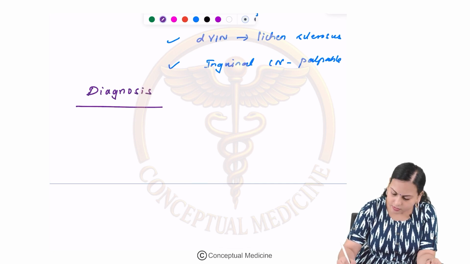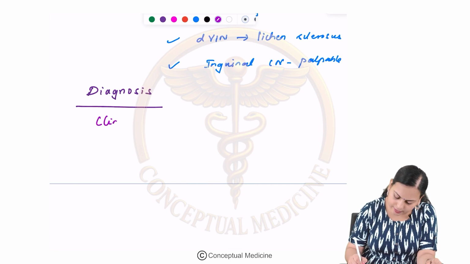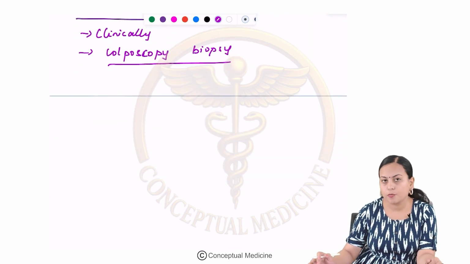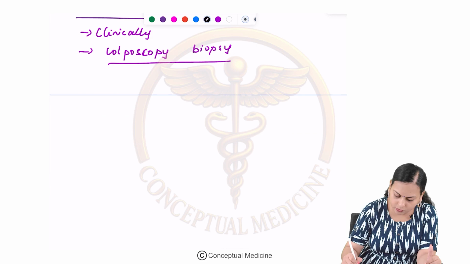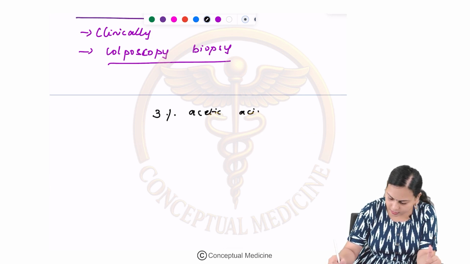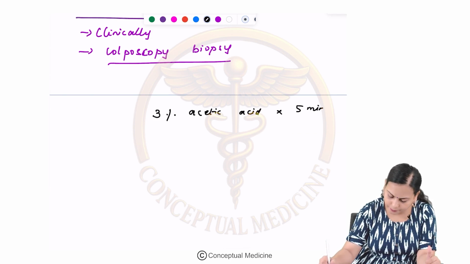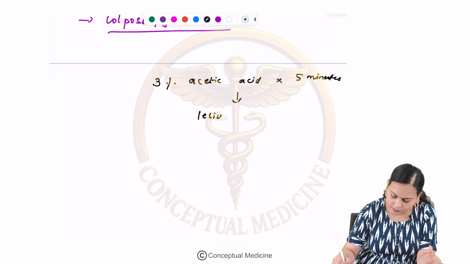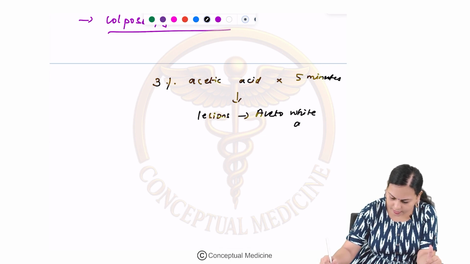So, diagnosis: either you can make it clinically itself or you can go for a colposcopy-guided biopsy. To do this, you have to stain the lesion with 3% acetic acid for 5 minutes, and after that the lesions will appear as aceto-white areas.